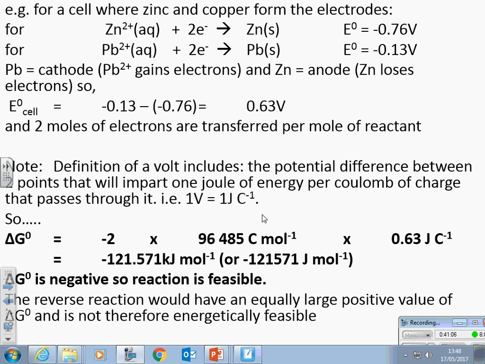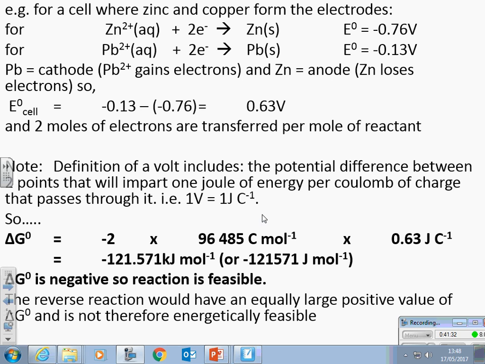We've got this idea that you can measure the charge carried by 1 mole of electrons. Fine, measure that in coulombs. But the definition of a volt includes this. It's the potential difference between 2 points, that's the pressure difference, if you like, that will impart 1 joule of energy per coulomb of charge. Aha! So that means that 1 volt equals 1 joule per coulomb.